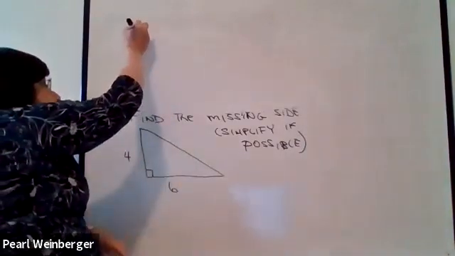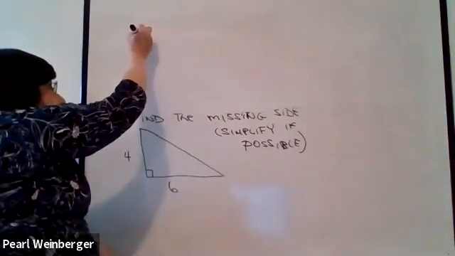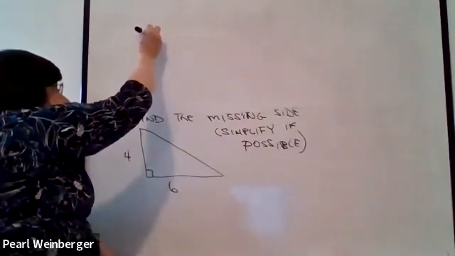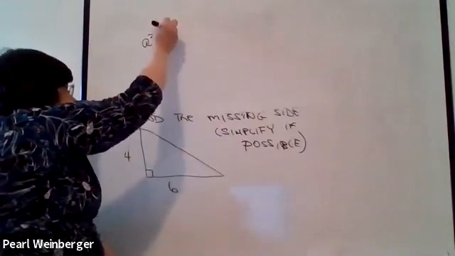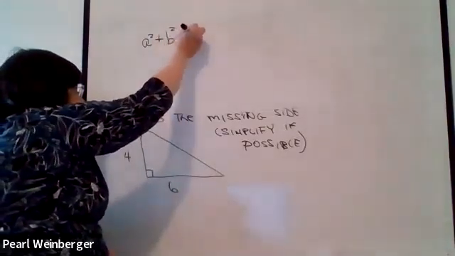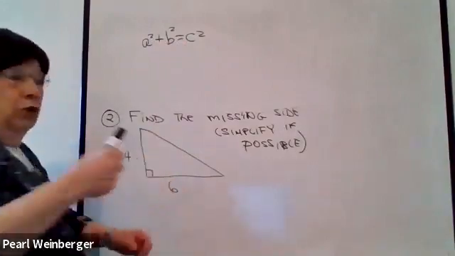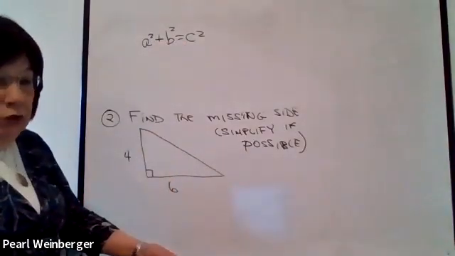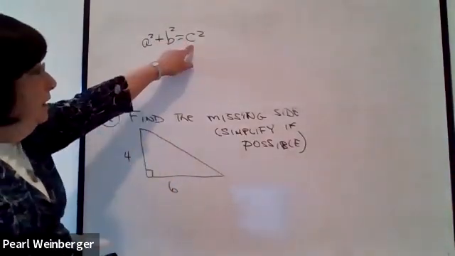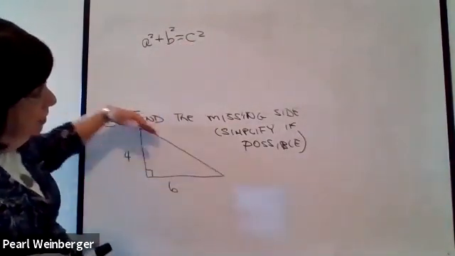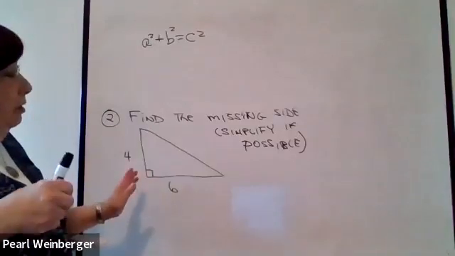So if you remember, there's a special formula called the Pythagorean theorem that a squared plus b squared equals c squared, where a and b are what we call the legs of the right triangle, and c, the one that's always on the other side, is the hypotenuse.